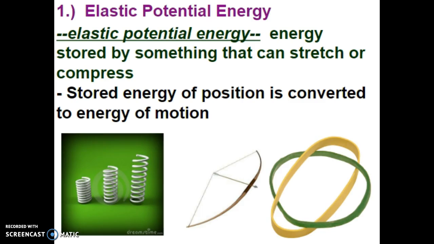So when the spring is compressed, it has elastic potential energy. When that spring lets go, that elastic potential energy converts to kinetic energy. Same thing with the bow and arrow and the rubber band. Once that stored energy is released, then kinetic energy will occur.